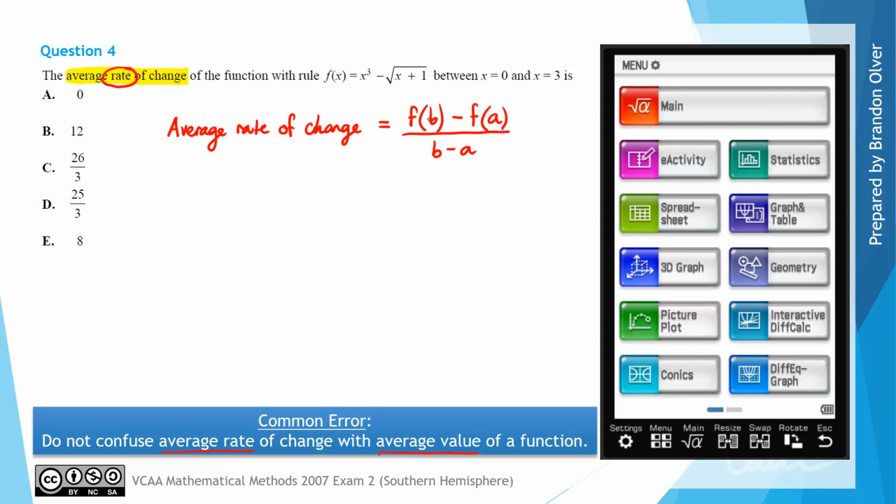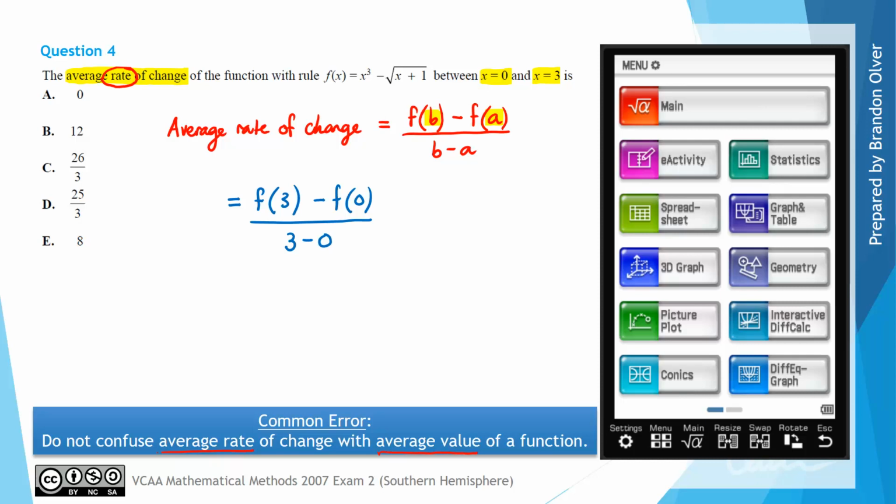Here b will be 3 and a will be 0 for the way I substitute it in. So that's the function evaluated at 3, subtract the function evaluated at 0, divided by 3 subtract 0. And that's something we can now use our calculator to evaluate.